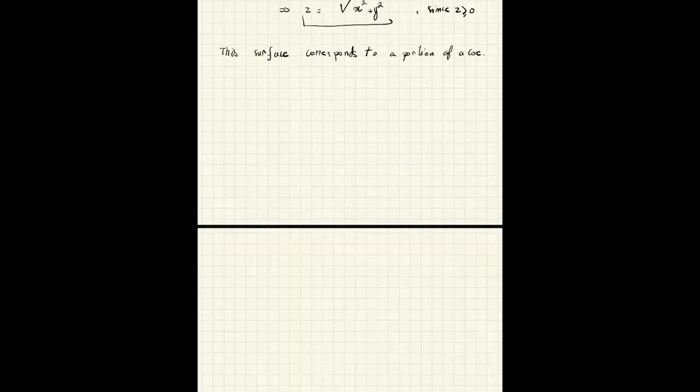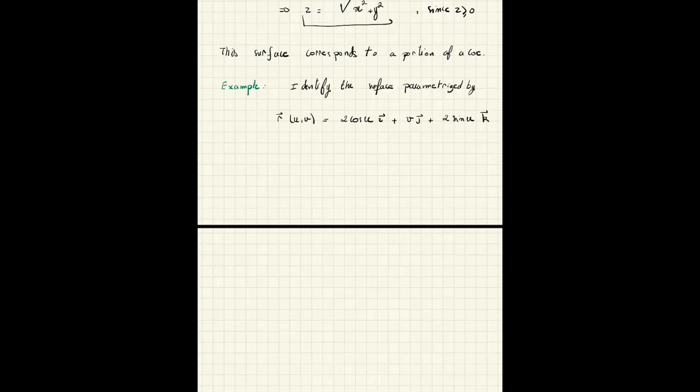So here's another example. Identify the surface parameterized by r(u,v) is equal to 2 cos u i plus v j plus 2 sine u k.